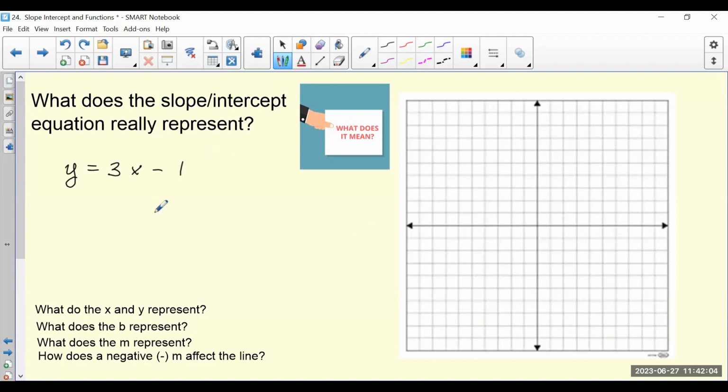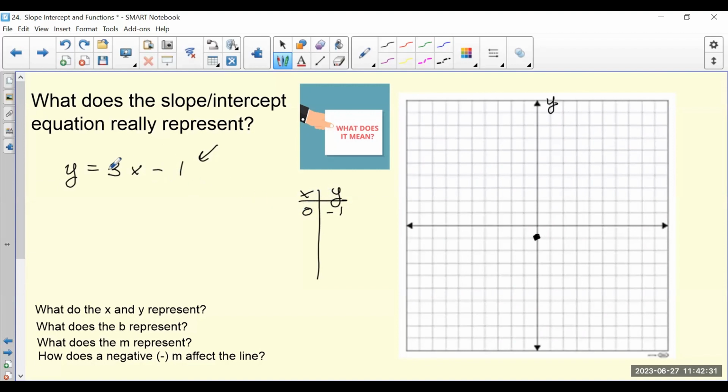We already know where one of these points is going to be, because if we put a 0 in for x, 0 times 3 is 0, minus 1, right there, that is our y-intercept. So I know that 0, negative 1 is going to be one of the points on my line. I can do that just by looking at this. I don't even need to do this.